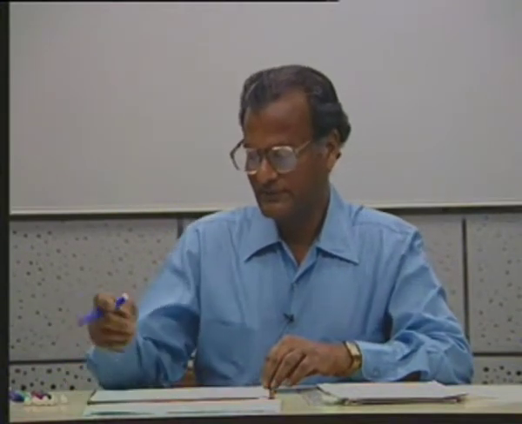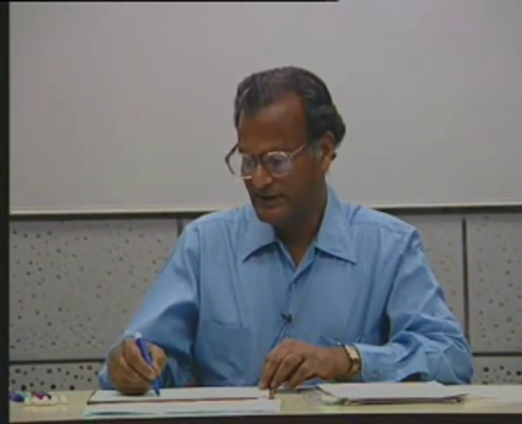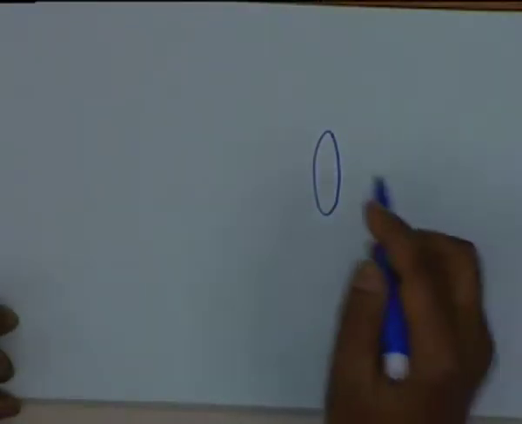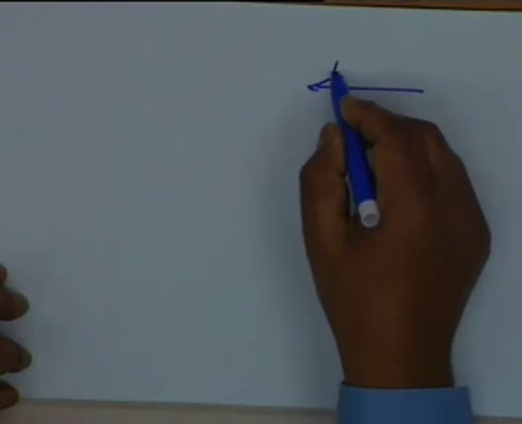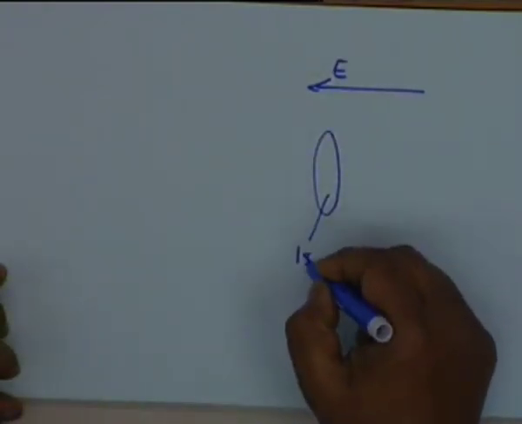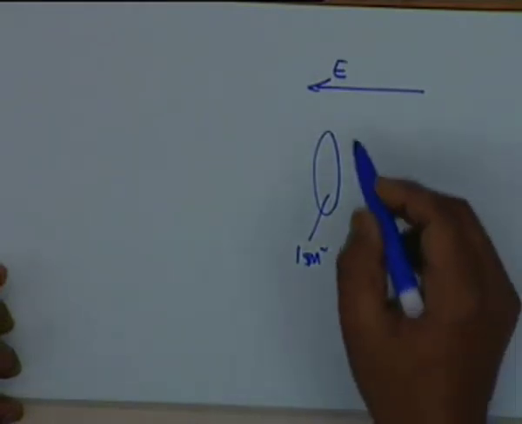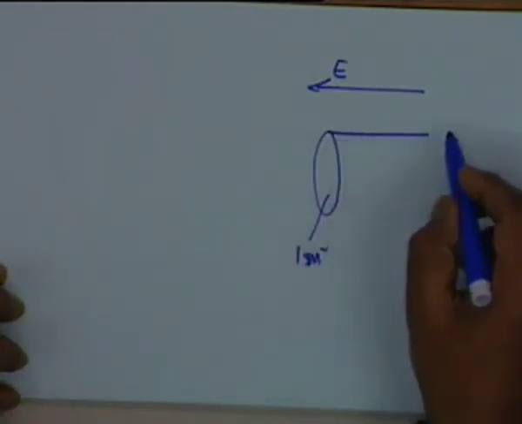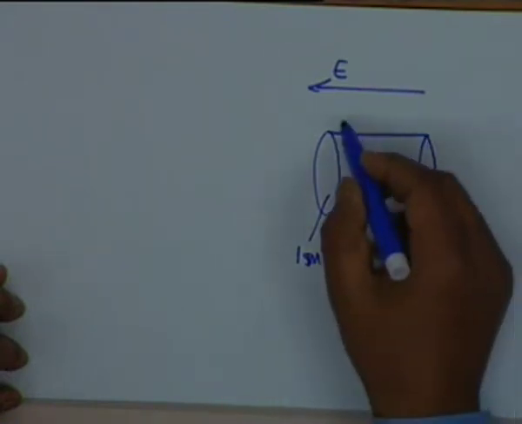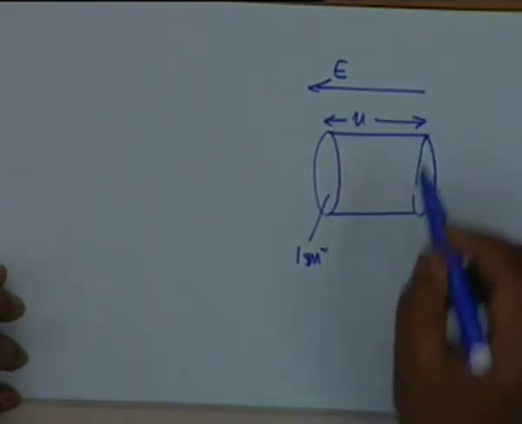Suppose there is, in a medium, you consider a cross section. Let's say the electric field is in this direction, E. You consider a cross section 1 meter squared. All right, and you consider a length of U that is equal to the drift velocity.